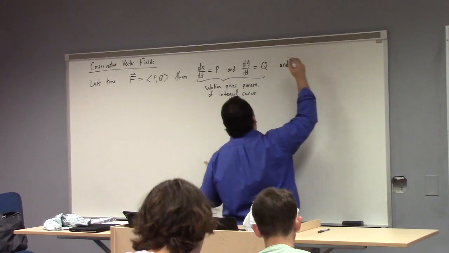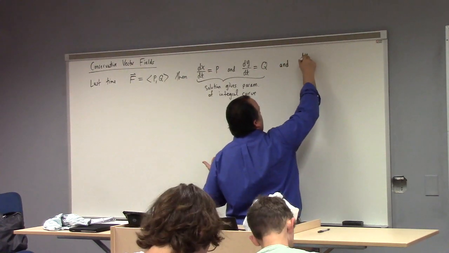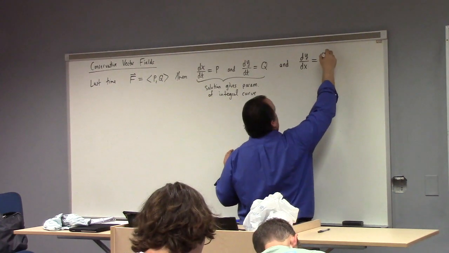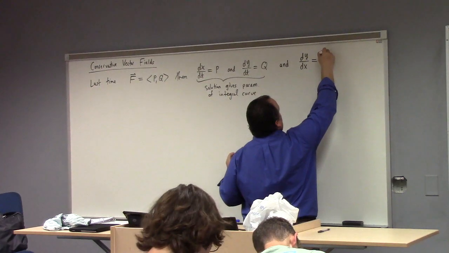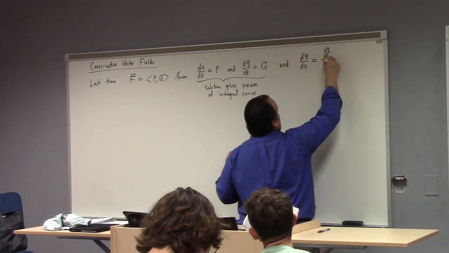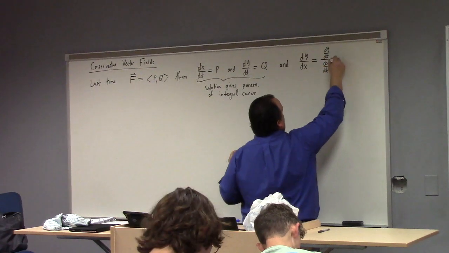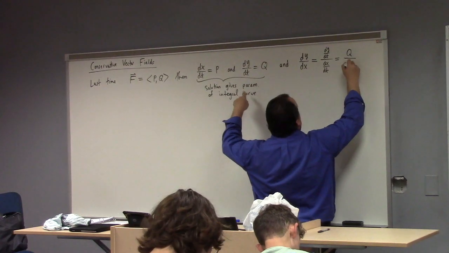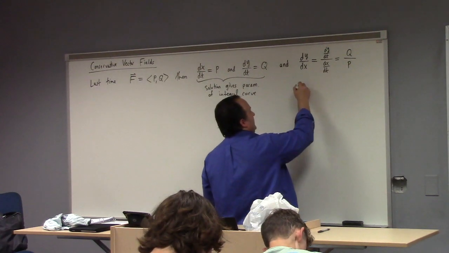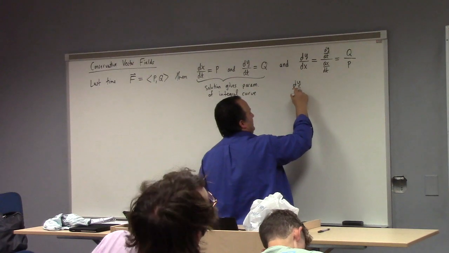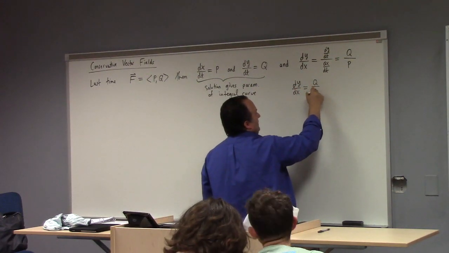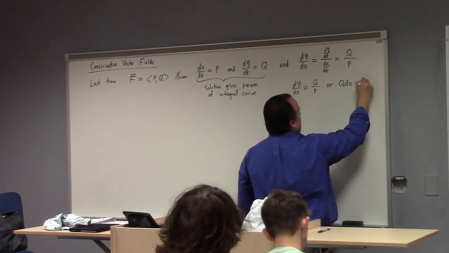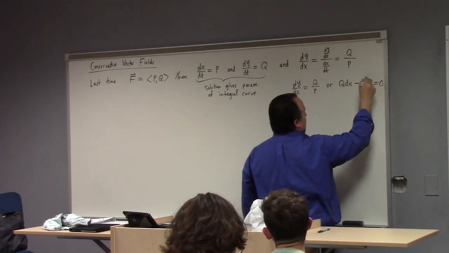And if we don't want a parameterization, we could instead solve dy/dx equals, well, basically dy/dt over dx/dt. Well, dy/dt was Q, and dx/dt was P. So we could just solve dy/dx equals Q over P, or if you like, Q dx minus P dy equals 0, right?